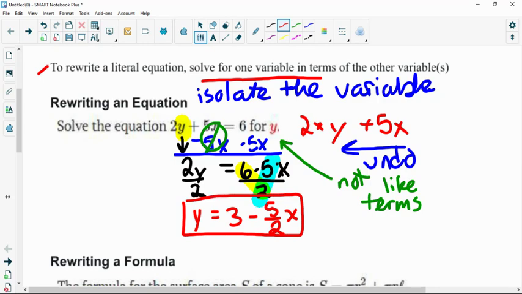When we reach chapter 2, we're going to be working with equations specifically in the format of y equals mx plus b. We'll talk more about those come chapter 2.